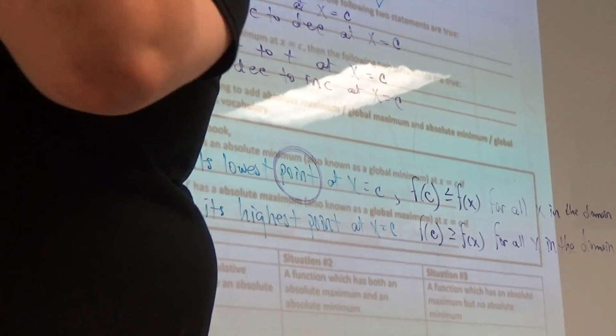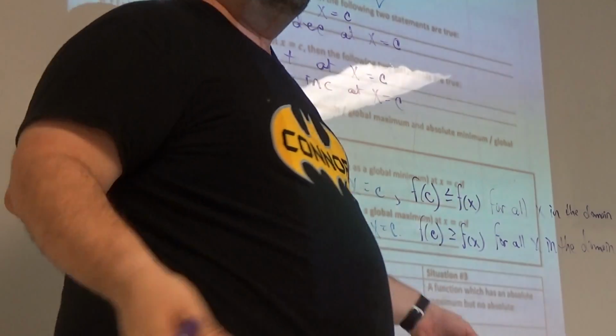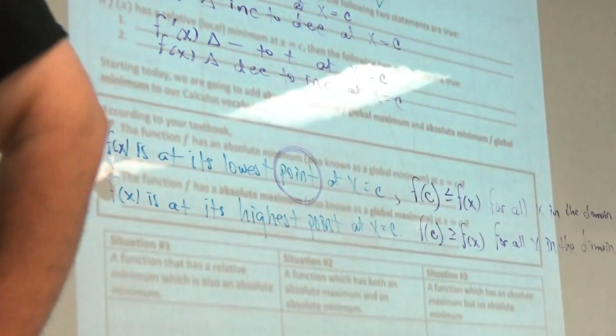There has to be a point there. So we're not going to include the infinities because there's not a point where the y value is equal to infinity. And we're not going to include negative infinity because there's not a point down there at negative infinity. We're looking for the highest point and we're looking for the lowest point.